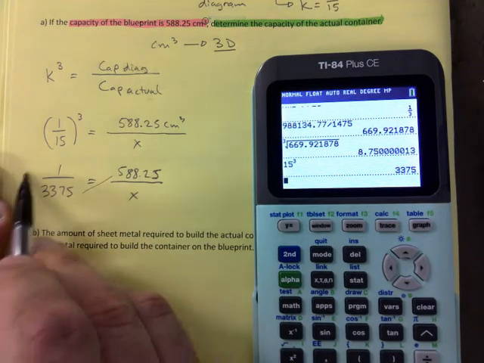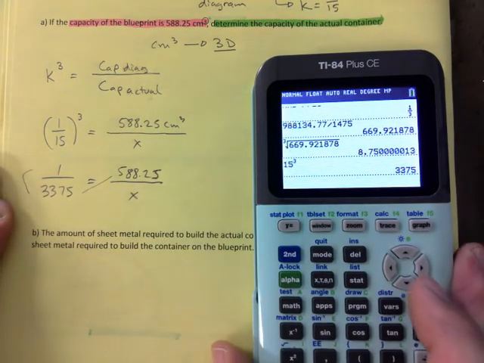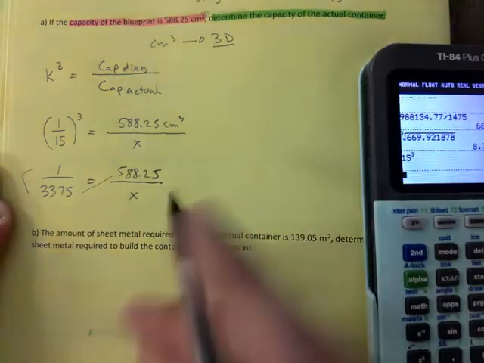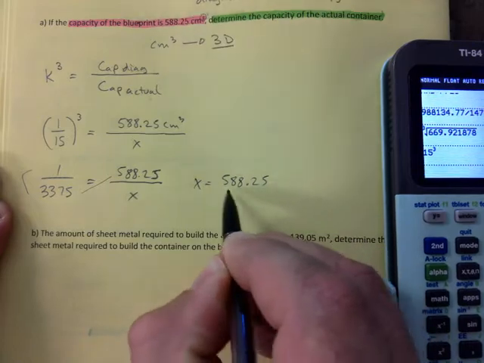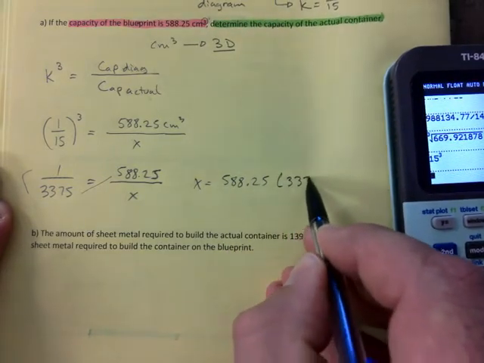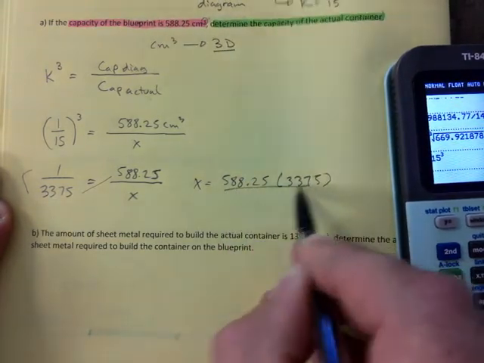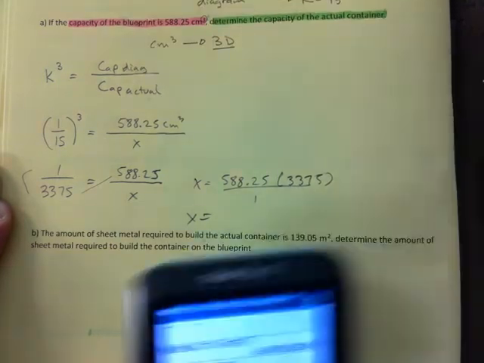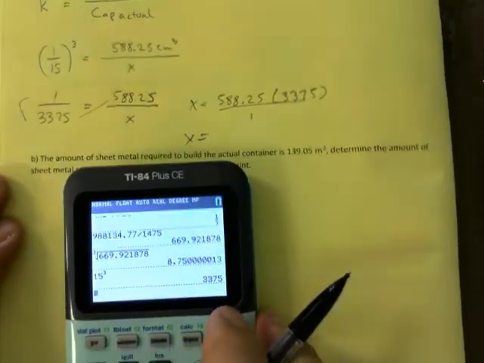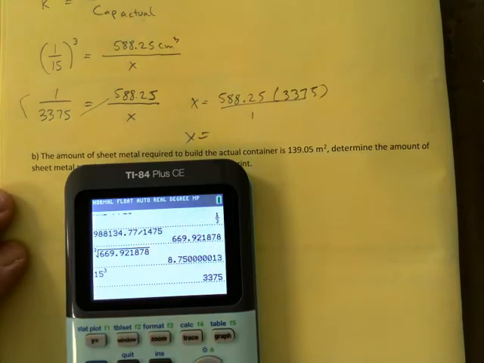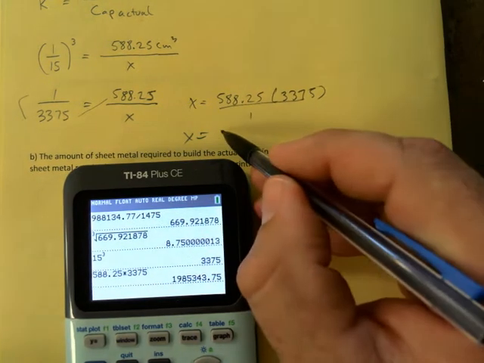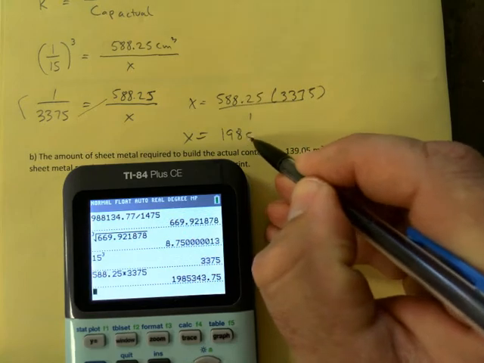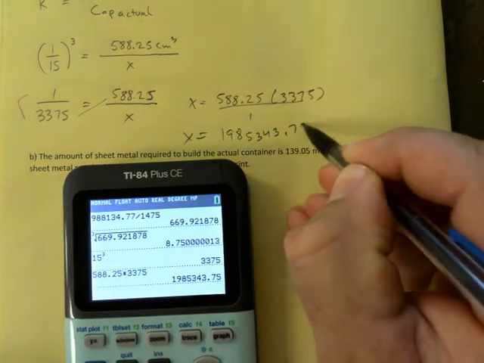Then you cross multiply and divide. So x is going to be 588.25 times 3375 divided by 1. It's going to be a big number, right? So 588.25 times 3375, that's 1985343.75.